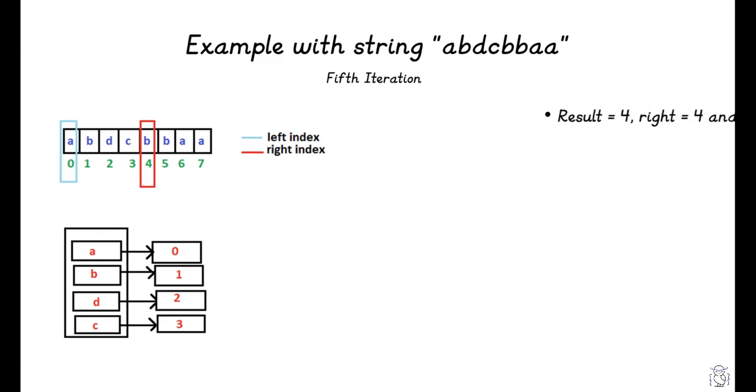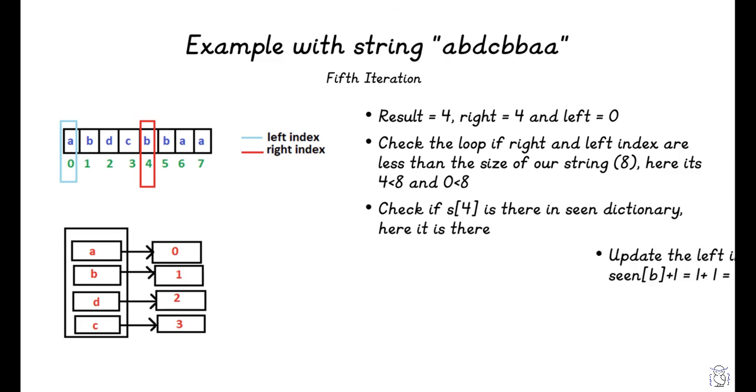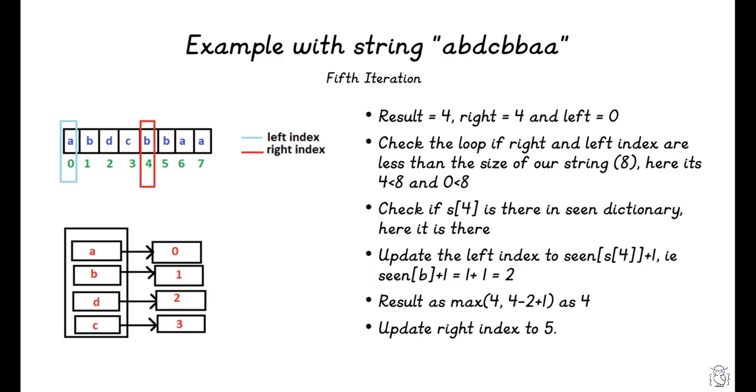In the fifth iteration, we have the result as 4, right index as 4, and left index as 0. We then get into the loop and check if the right and left index are less than the size of our string. Since they are, we then check if S of 4 is there in the seen dictionary.